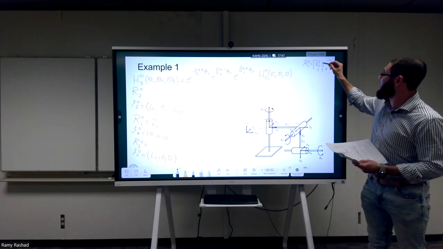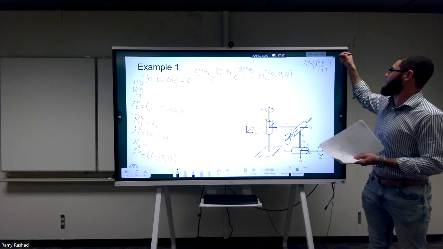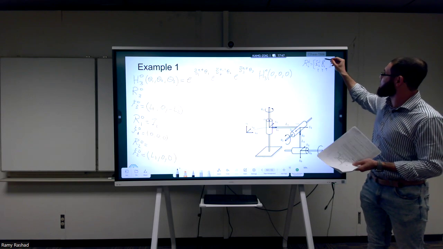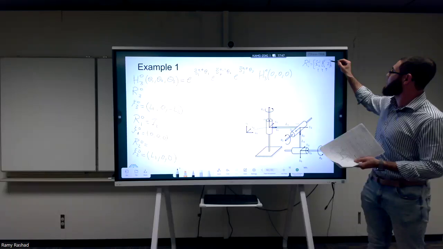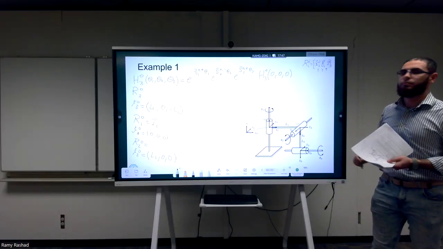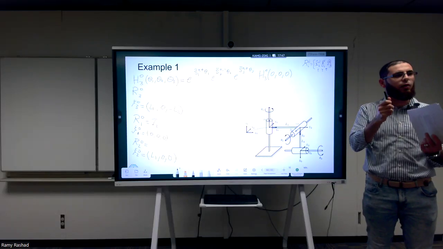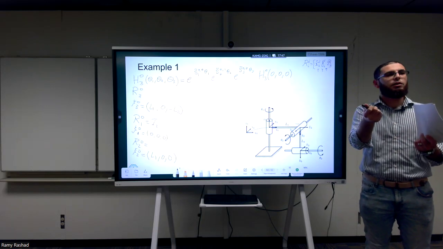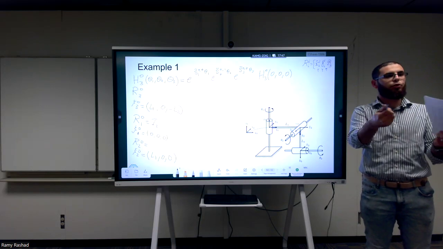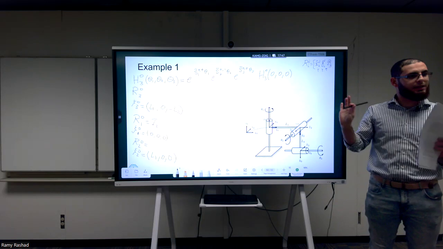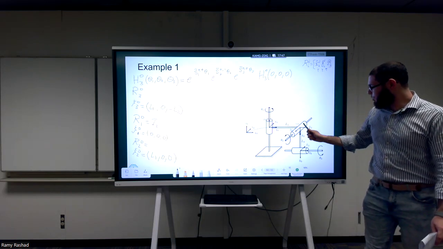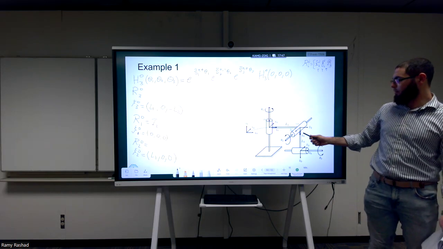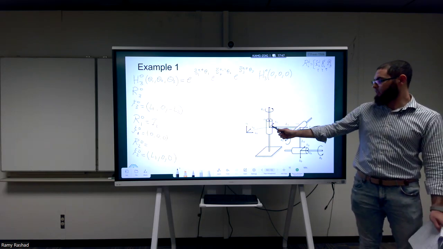The second one is how the y-axis of the I frame is seen from the J frame. And the third one is how the z-axis of the I frame is seen from the J frame. And how do you represent axes now? You simply do the projection, which is the dot product. Now let's put this in practice. So x2 hat: how do you see it from this frame?